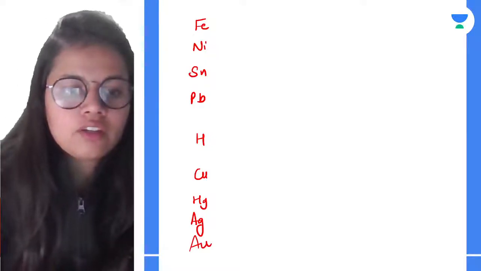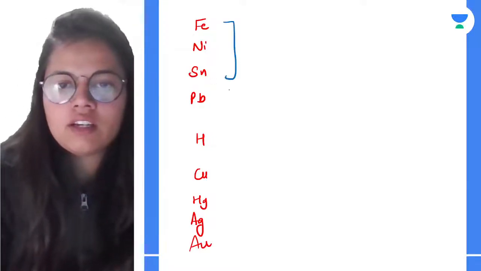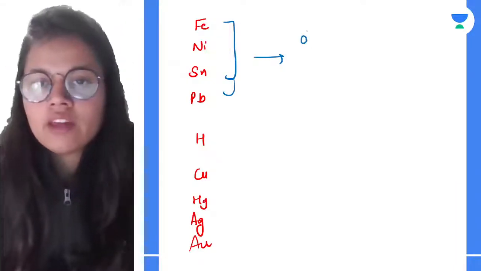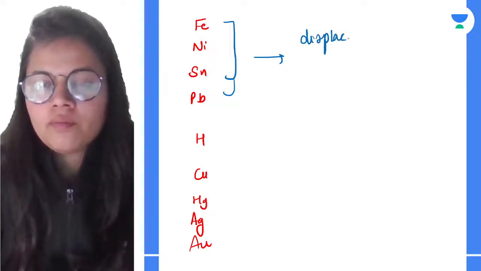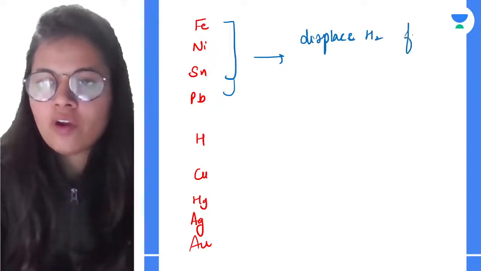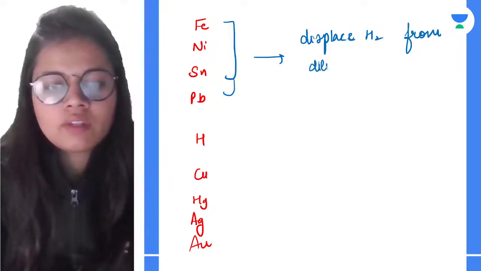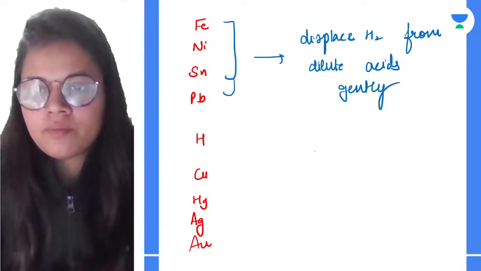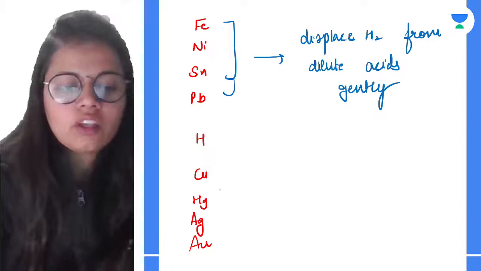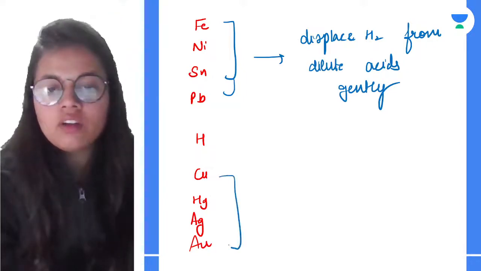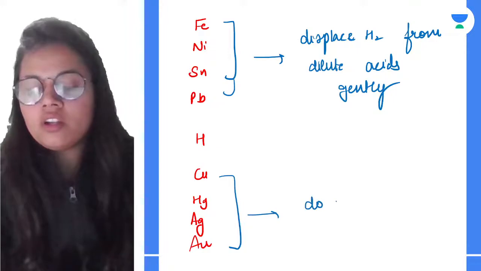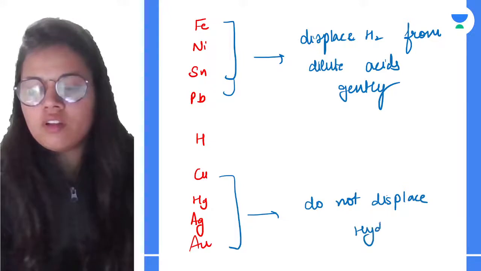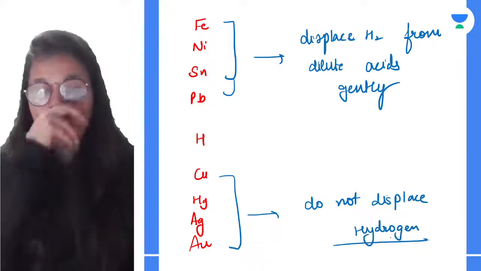Now if I talk about iron, nickel, tin, lead, they will form the salts and displace hydrogen from dilute acid, but they will do it very gently. And the elements which lie below hydrogen do not displace hydrogen from the acids. Okay, so these are the things.